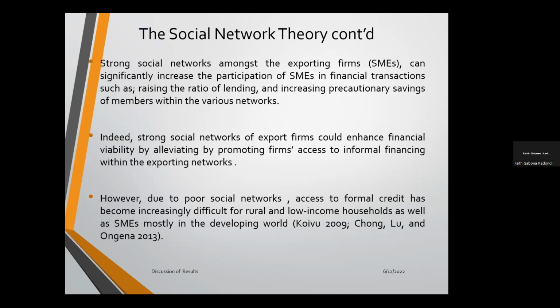Increasing financial transactions and improving financial viability can happen both informally and formally. One of the challenges that some of these coffee exporting firms faced over the years was financial viability, when liberalization came into place and the government reduced funding to the cooperatives and small and medium scale enterprises.